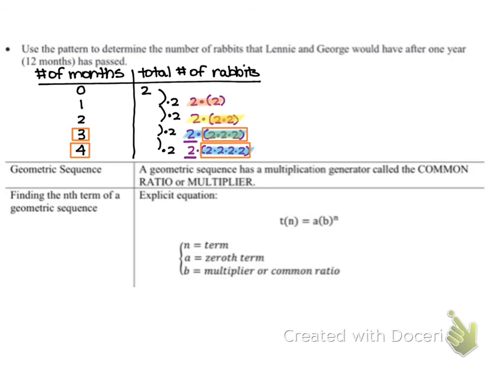So I think what I can do is the previous answer. Okay, so I want to figure out what, 12 months? Okay, 12 months. I think that's going to be 12 2s, because that would have been the previous answer. 2, 3, 4, 6, 7, 8, 9, 10, 11, 12.